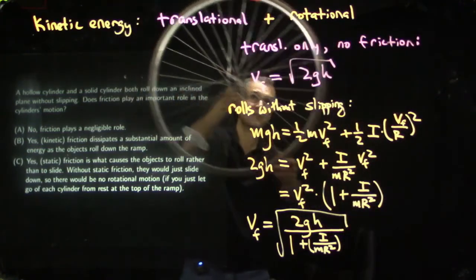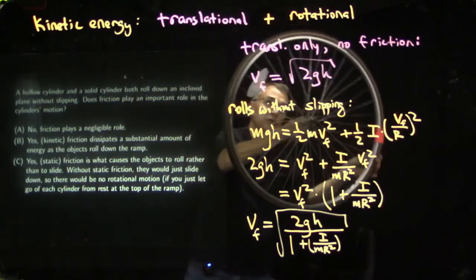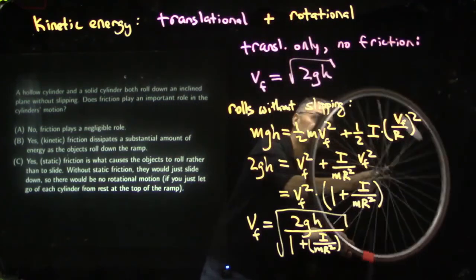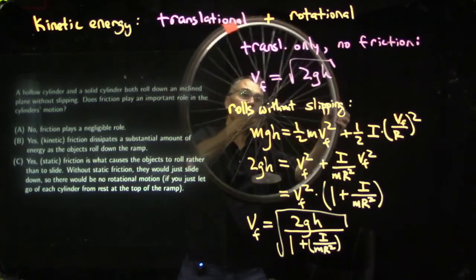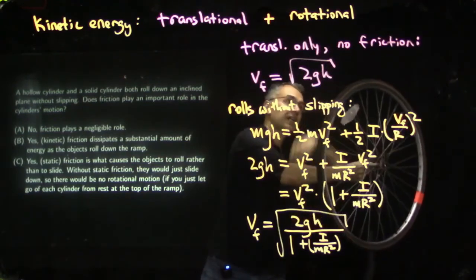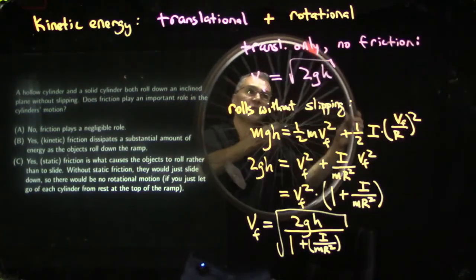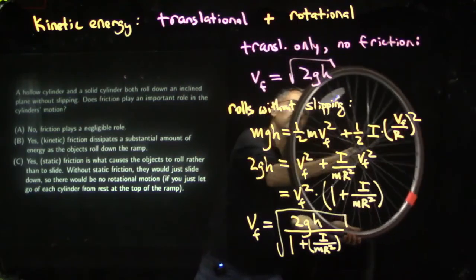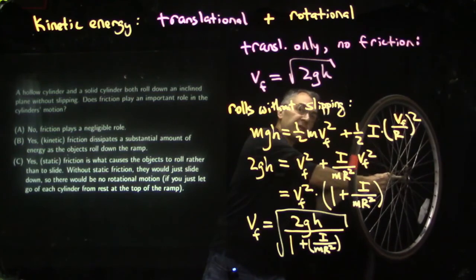It's friction which causes the bicycle wheel to roll without slipping as it goes down the hill, because every time the wheel goes forward by 2 pi r meters, it has to go around by 2 pi radians. So every time the wheel makes a complete revolution, 2 pi radians, the center of the wheel has moved by 2 pi r in distance.